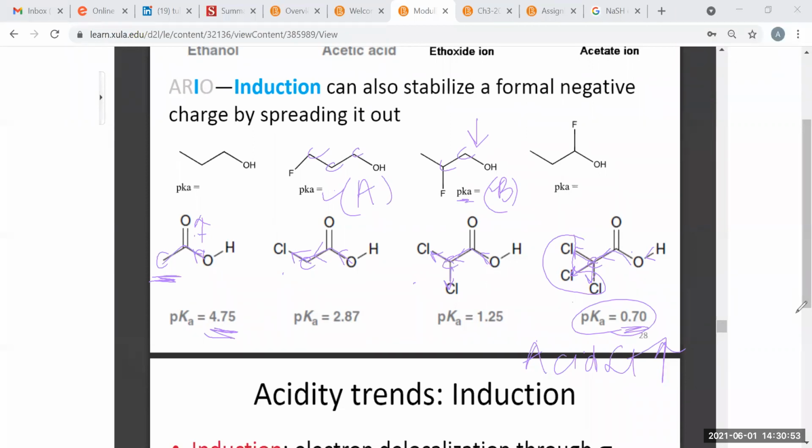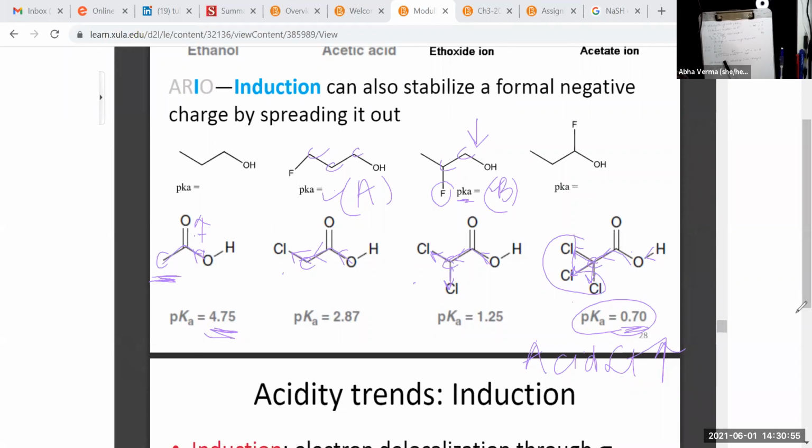It is B. Why? Because this F is closer to this acidic hydrogen, whereas this F is 3 carbons away. This is only 2 carbons away. See that? And this is only one carbon away. So among all of these, C is the most acidic, followed by B, followed by A.